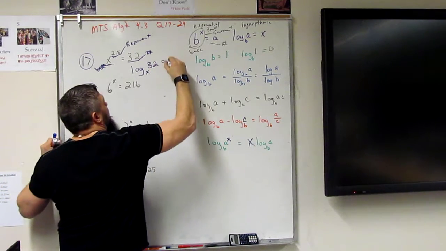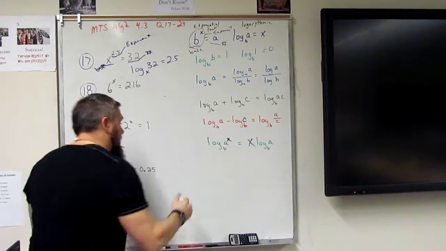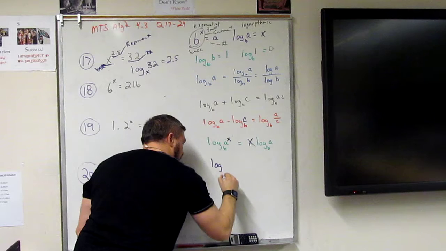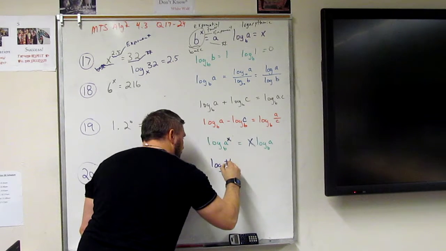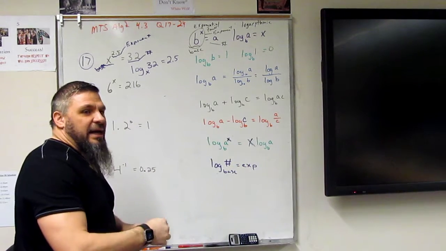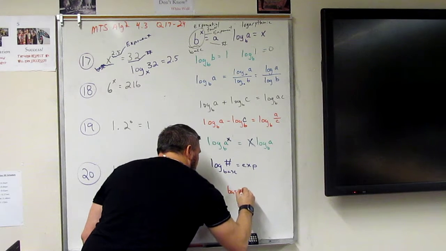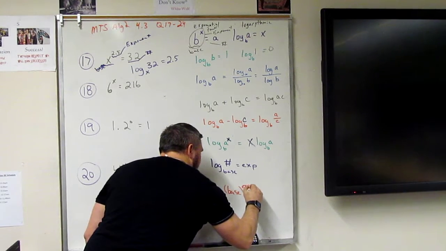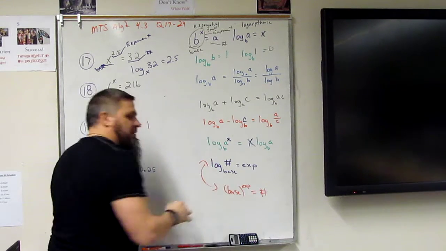The exponent. Good. So what I usually teach my students is log of the base of the number is equal to the exponent, and then I rewrite that as the base raised to the exponent is equal to the number. And these go back and forth.